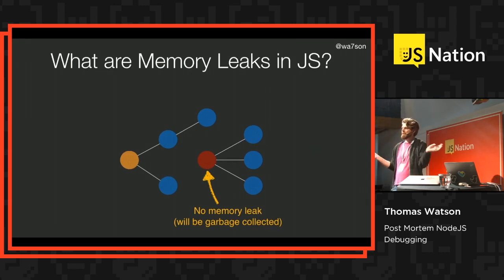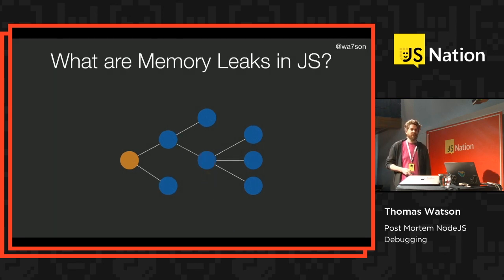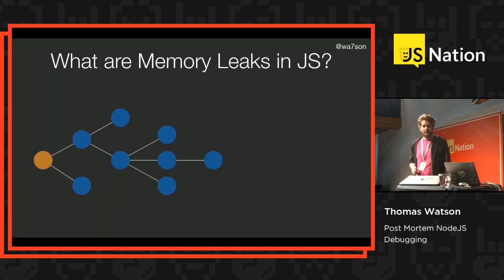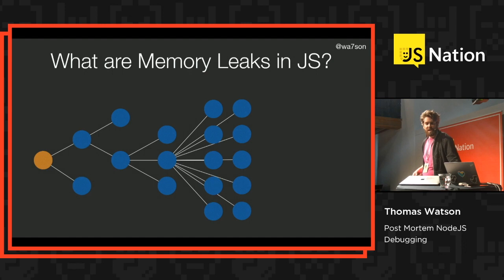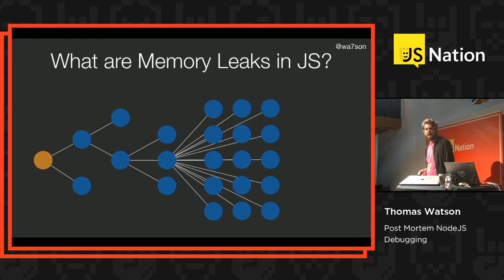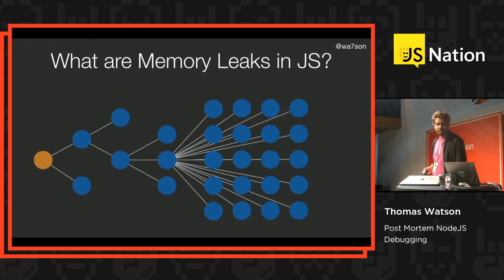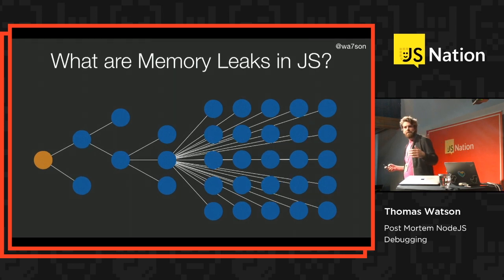That just means the garbage collector can clean it up. A memory leak is when you suddenly have something, for example an array, that just keeps on growing and growing, and you never clean it up. Maybe that's intended. Maybe you're just processing a lot of data, but it might be a memory leak.